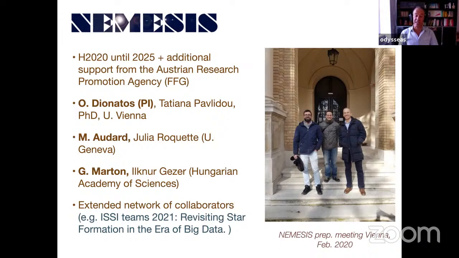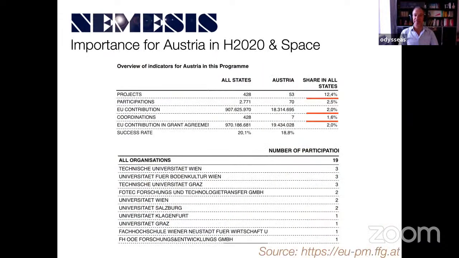And we also have an extended network of collaborators, as for example, an EASY team, where we bring together specialists, for example, from extragalactic astrophysics and computer specialists that can help us to optimize what we want to do in terms of machine learning techniques. A last comment on why this is important for Austria and especially the space programs in Austria. As you may notice in these plots, Austria has been getting quite a lot of funding. For example, Austrian projects are quite successful as a total share in the European Union.